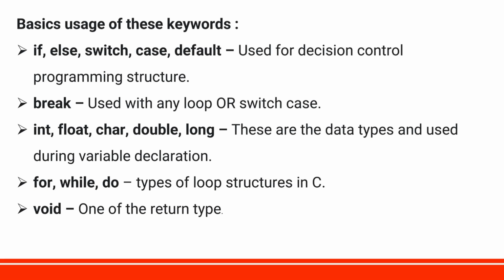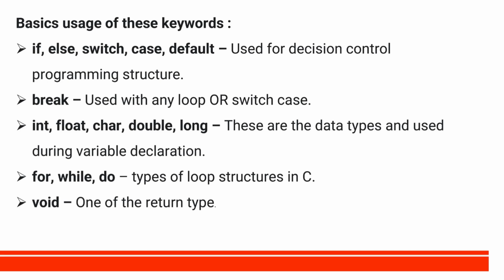The switch keyword in C is used as an alternative to the if-else ladder statement. Then the case keyword allows us to execute different code for different possible values of a single variable. Then the default keyword is used to specify the case that is executed when no case value is matched.